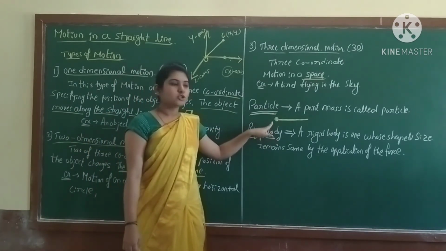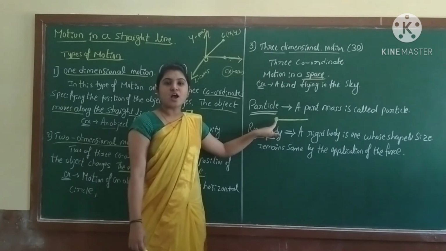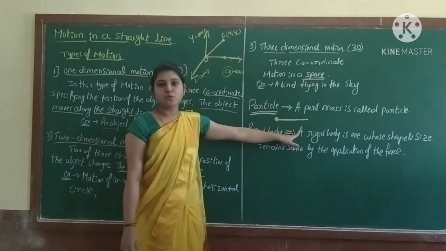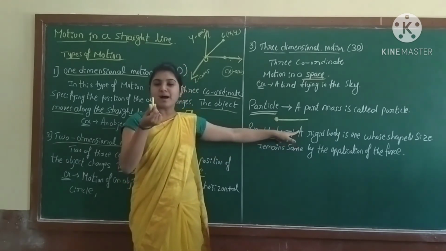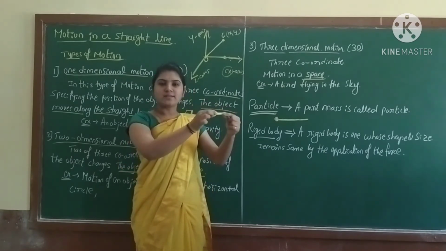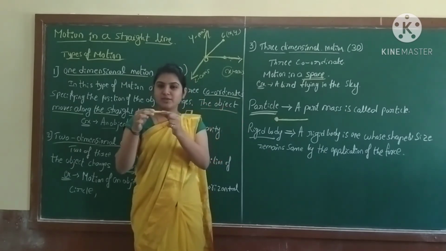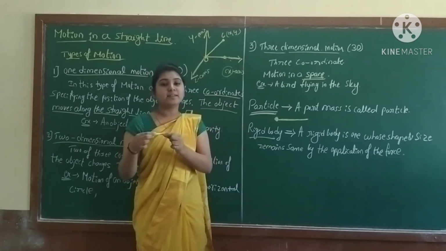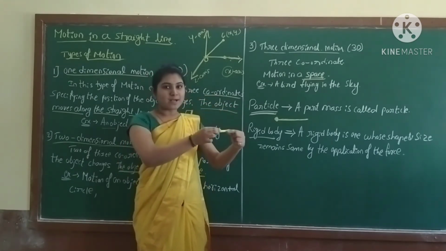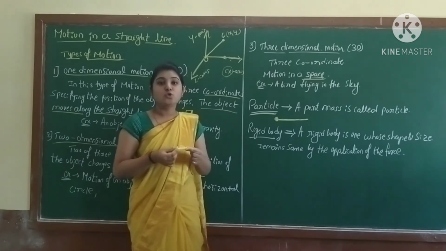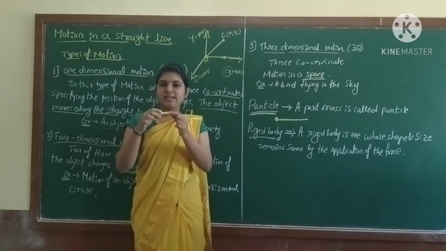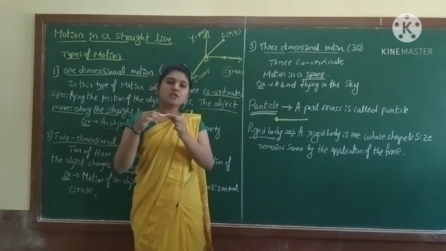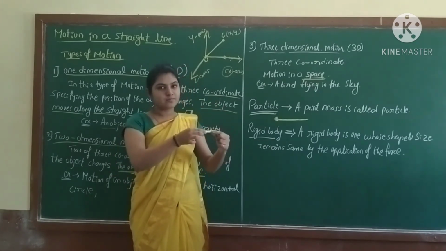Definitely. If it has mass, of course, it can easily move. Since it has mass, it will move from here. Definitely. First it is present here and now it is present here. Here there was mass, and here also there is mass. Mass means weight.